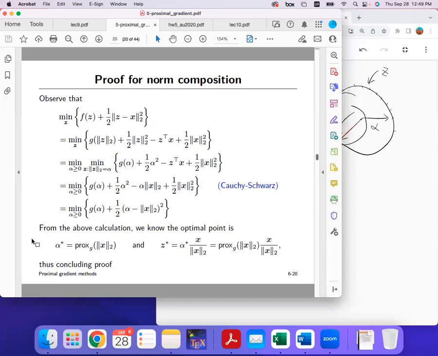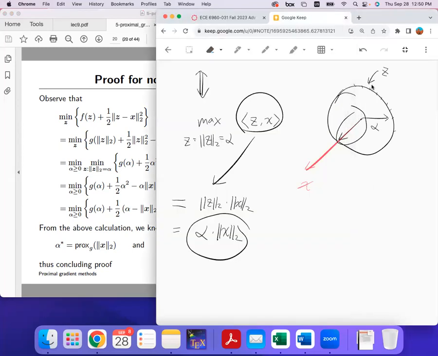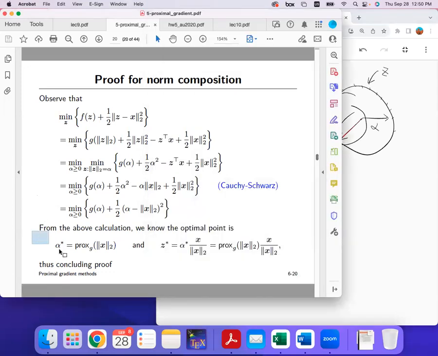So now we have obtained the optimal alpha. Therefore, the optimal Z is simply this alpha star times a unit vector aligned with X. Because we just showed that the optimal solution for Z is the one that aligns with X. And now we have obtained the optimal L2 norm for Z. The question is, how do we create a vector that aligns with X and has L2 norm alpha star?